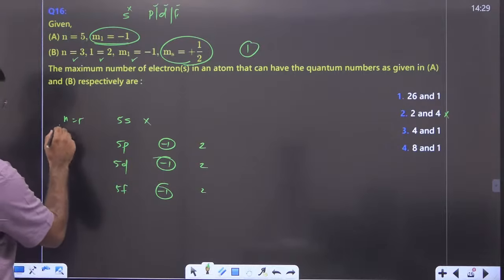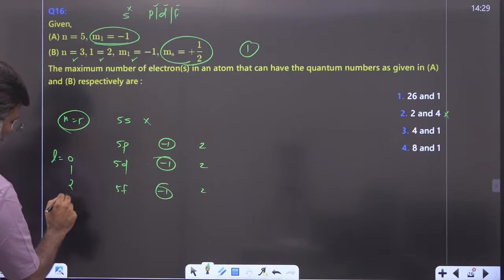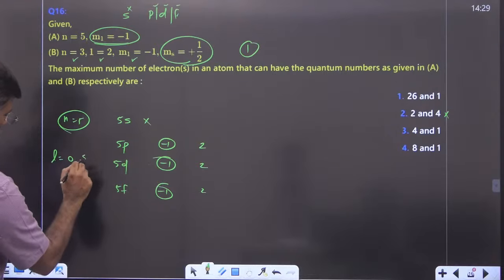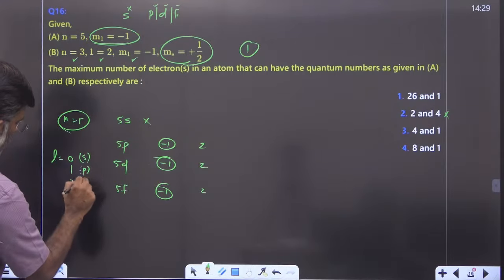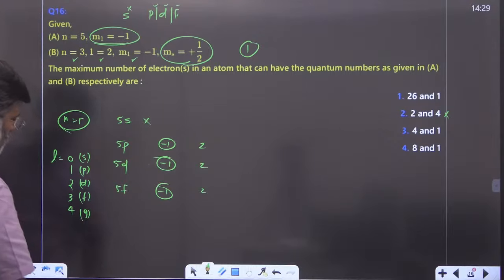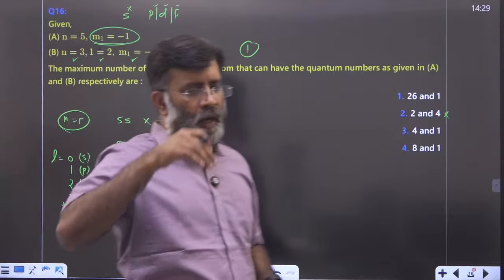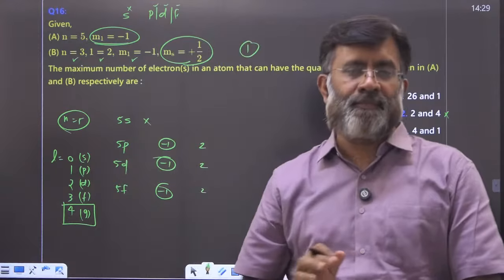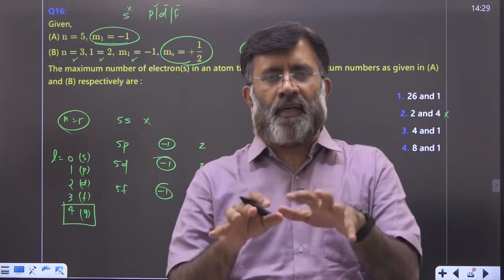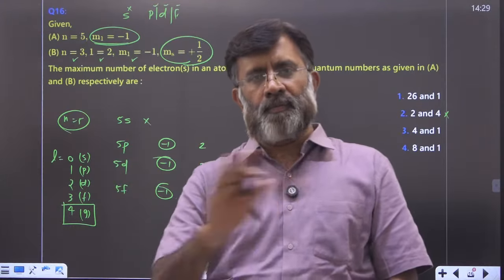So when n equal to 5, l can be 0, 1, 2, 3, 4. s, p, d, f, even g can come, even though not applicable to our considered elements.